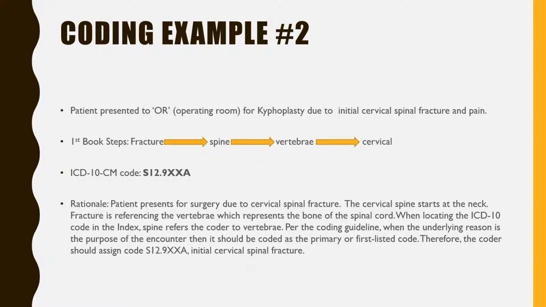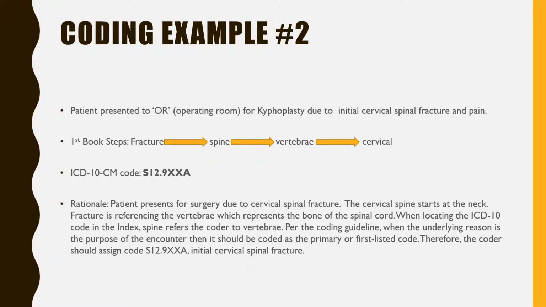However, our code is not coded to the highest specificity, so we want to make sure our fifth, sixth, and seventh placeholders are assigned appropriately. So that code is S12.9XXA. XX represents our fifth and sixth placeholder, and A represents the initial encounter. Our rationale for this: the patient presents for surgery due to cervical spinal fracture.